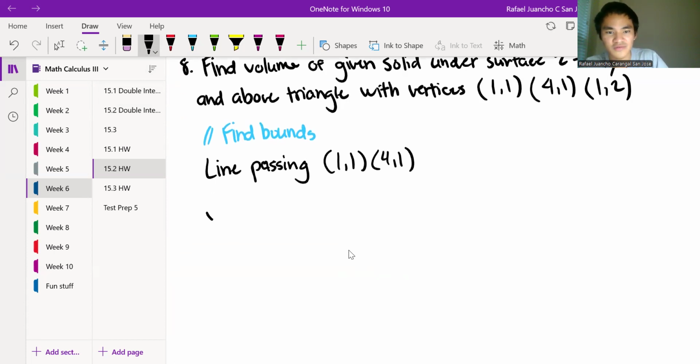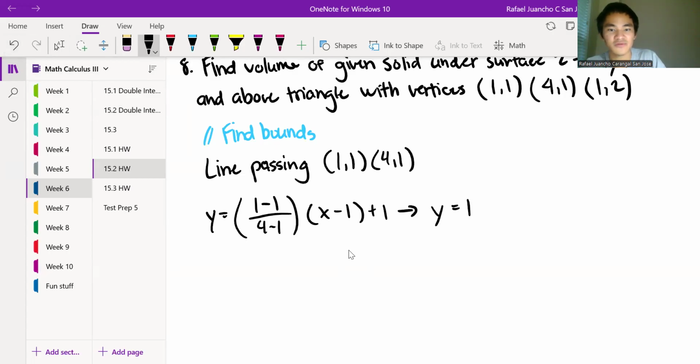So here the equation of this would be y equals 1 minus 1 over 4 minus 1. That's just 0. And then this is x. And that's the slope. X minus 1 plus 1. So this is just telling me y is equal to 1, right?